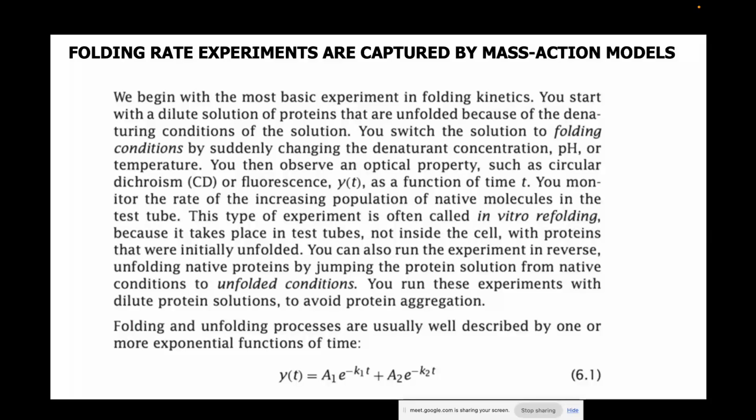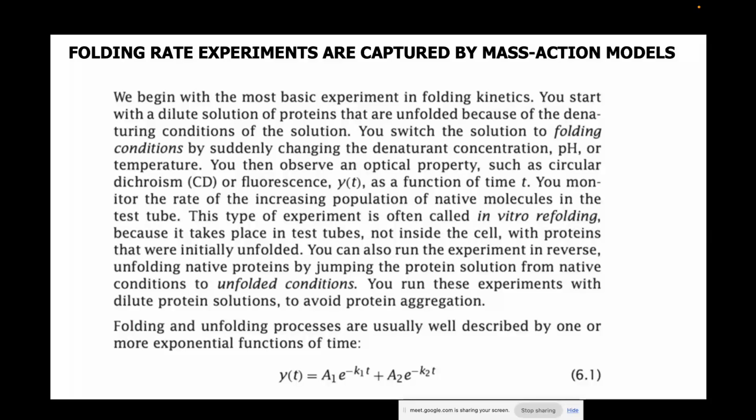You can also run the experiment in reverse, unfolding native proteins by jumping the protein solution from native conditions to unfolded conditions. So you can go vice versa. You can go from an unfolded to a folded state, and you can come back from a folded to an unfolded state, right? Folding and unfolding are generally well described by one or more exponential functions of time.